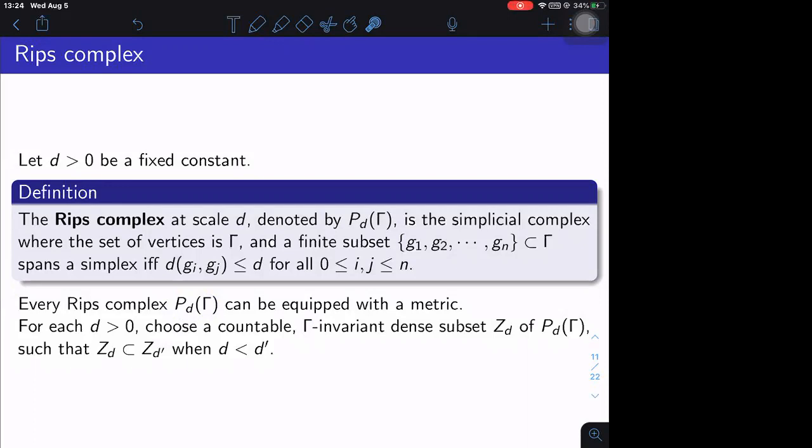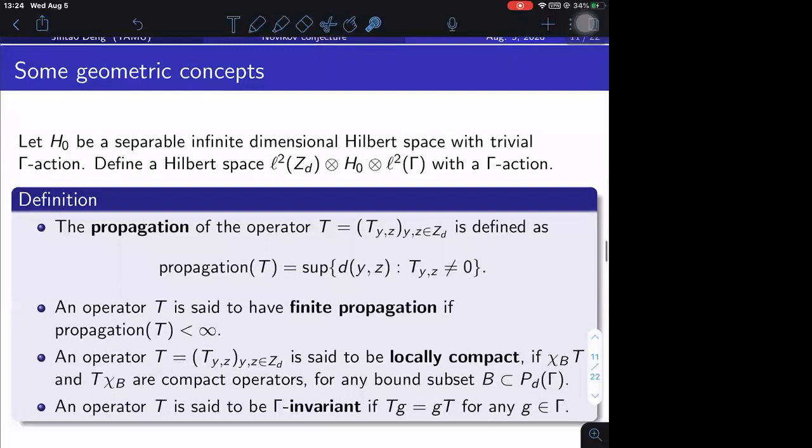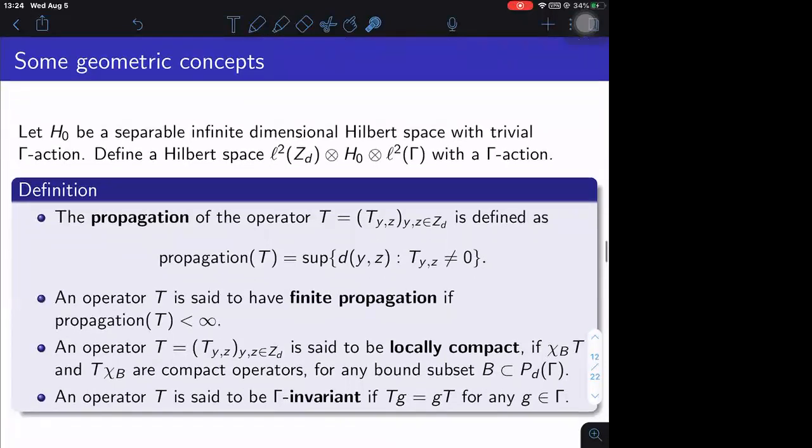Also, in order to define the Roe algebra, for each d we choose a countable Γ-invariant dense subset Z_d of the Rips complex, and we require Z_d to be contained in Z_d' when d is smaller than d'. Now let's introduce some geometric concepts. Firstly, we fix a separable infinite-dimensional Hilbert space with trivial Γ action. Γ is a group.